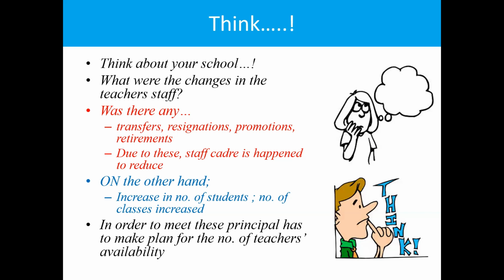On the other hand, sometimes the government asks the school to increase the number of students. For example, we have 7 classes, A, B, C, D, E, F, G, and the government says the school needs to add one more class. Adding one more class needs more teachers. For example, if there are 13 subjects, maybe 13 teachers will be needed.